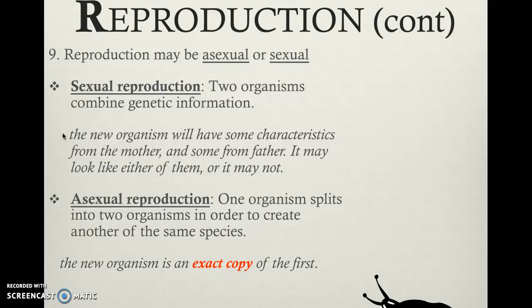This is where we look at genetics down the road, in Unit 3. Asexual reproduction, one organism splits into 2 organisms in order to create another of the same species. This is an exact copy, and this is where we'd have plants, viruses, or just very simple organisms.